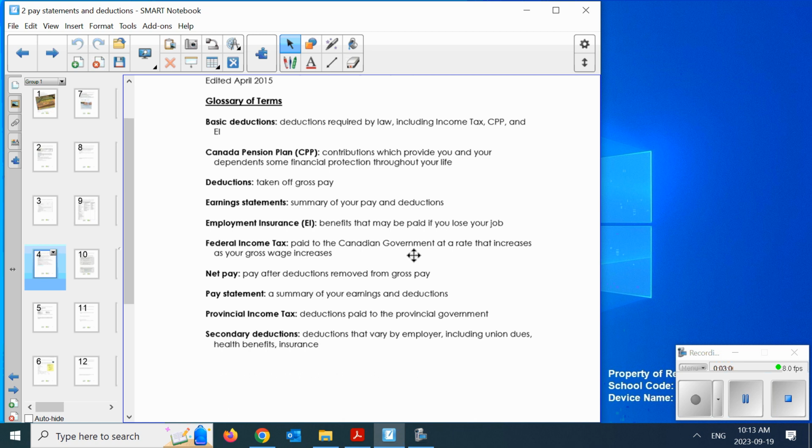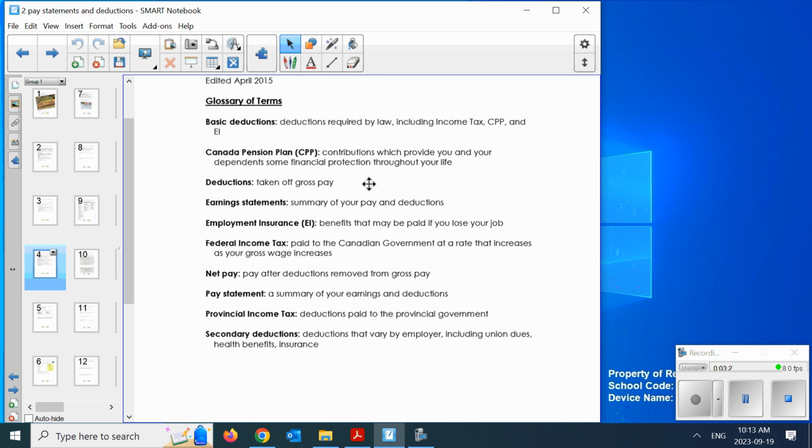Federal income tax is paid to the Canadian government at a rate that increases as your gross wage increases. If you're only making $30,000 a year, you get taxed the same on that $30,000 as a millionaire gets taxed on their first $30,000.